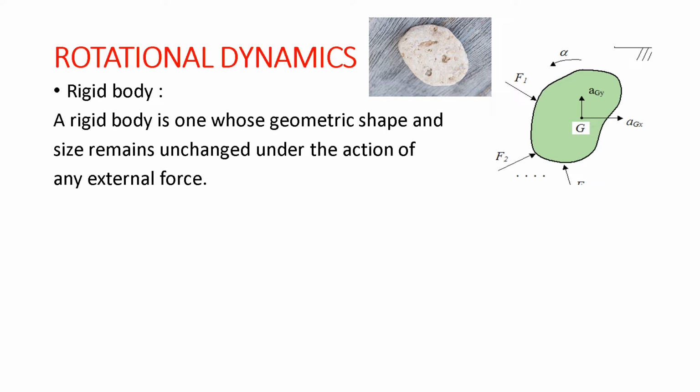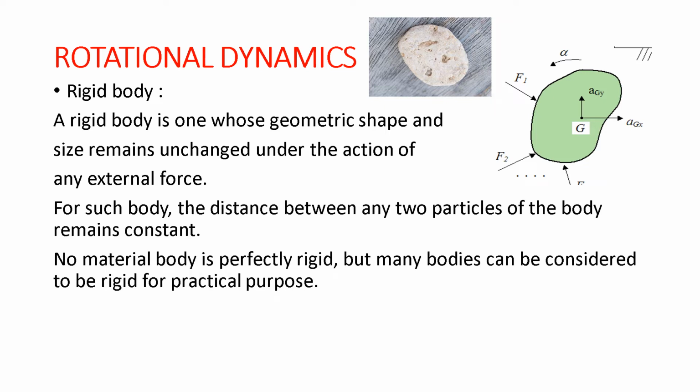So suppose if you see some external force over here acting on it, then there will be no change in its shape. What is another characteristic of it? For such a body, the distance between two particles of the body remains constant.